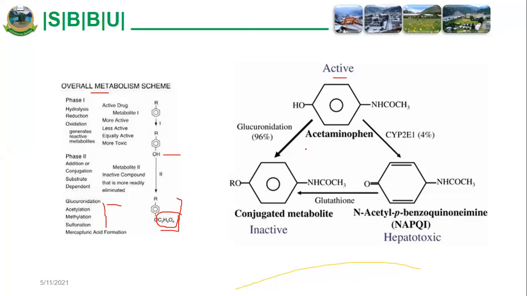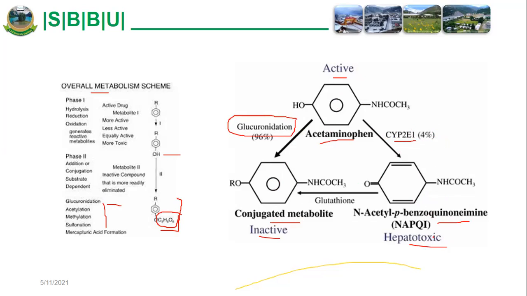This is the active drug acetaminophen. You know the famous acetaminophen, very commonly used. So 96% of it may be inactivated by glucuronidation, and the conjugate metabolites are formed, so they become inactive through this pathway. But sometimes cytochrome P450, another phase one system, we will discuss that later on, comes in. In 4% of cases, it is also a good substrate for the cytochrome P450 systems, and that may form benzoquinone imine, and this is hepatotoxic.